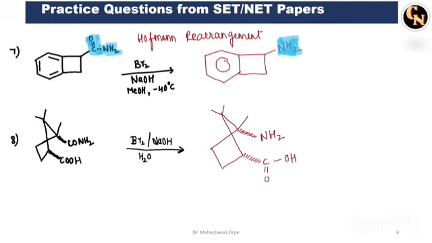So there is a further reaction which will take place. That is, nitrogen carries a lone pair, so that lone pair is going to attack the carbonyl, and there is elimination of a water molecule. And at last, the product which you should get is this.